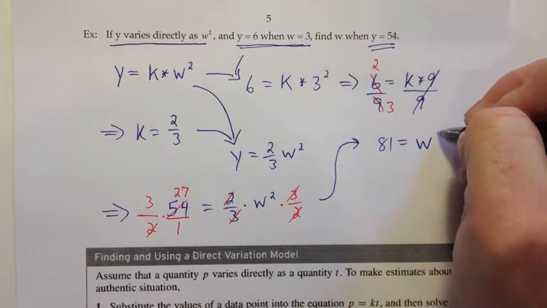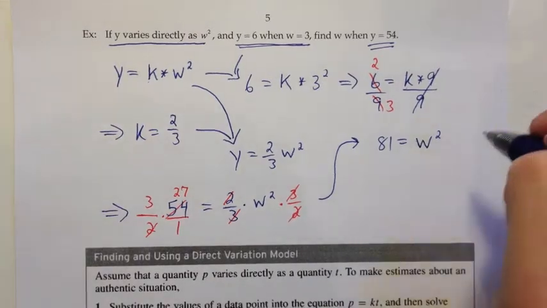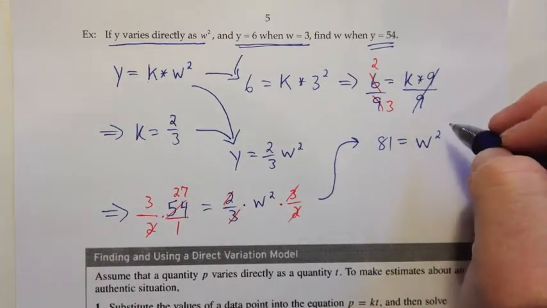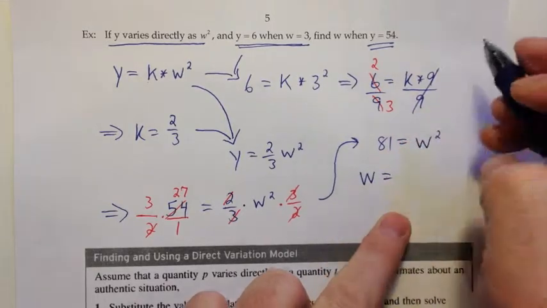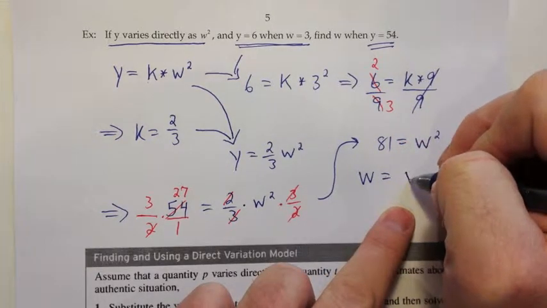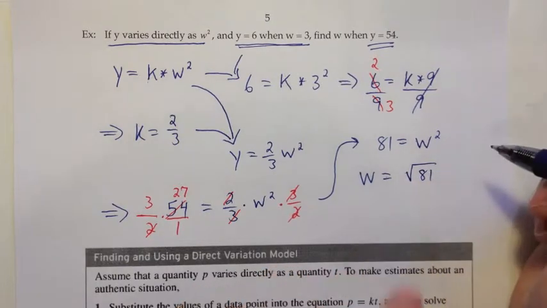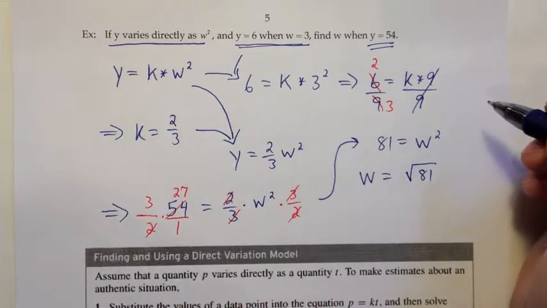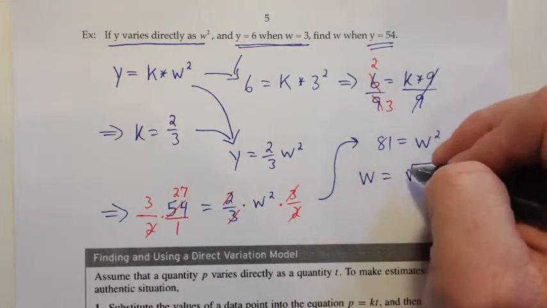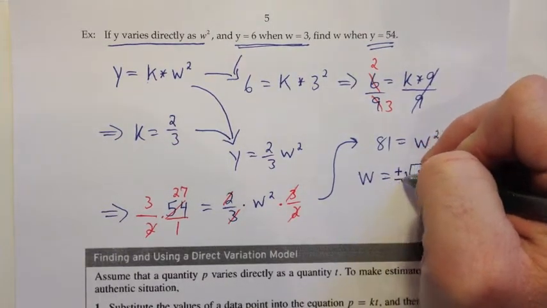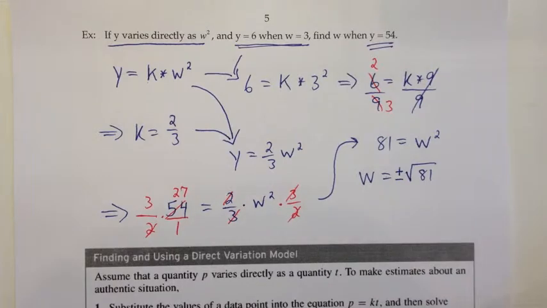So that would get us to 81 equals w squared. And then to solve for w, we could take the square root of both sides or raise both sides to the 1/2 and say that w is the square root of 81. But one of the things that we might remember from previous chapters is that if you're taking an even root, then you're supposed to give both a plus and a negative answer.